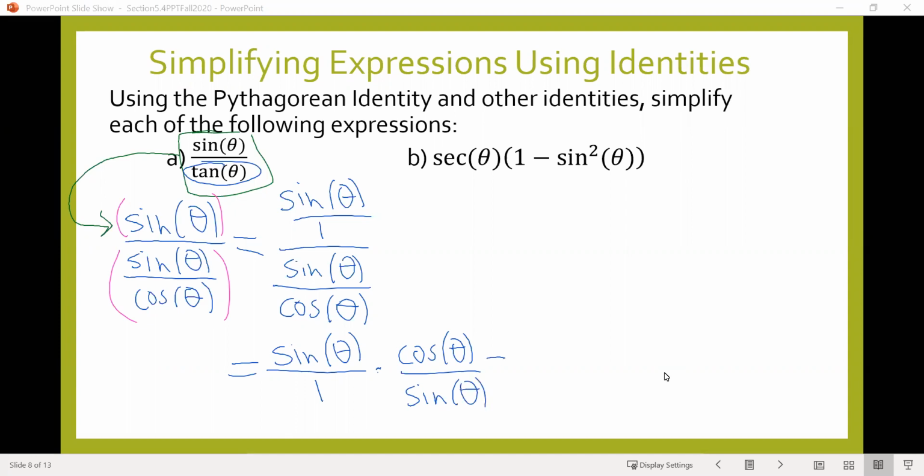And now we're multiplying fractions, and notice that there's a sine up here and a sine down here, so we can cancel those. And we multiply straight across, we'll get a cosine of theta on the top, and then a 1 on the bottom, and cosine of theta over 1 just becomes cosine of theta. And that's our answer.